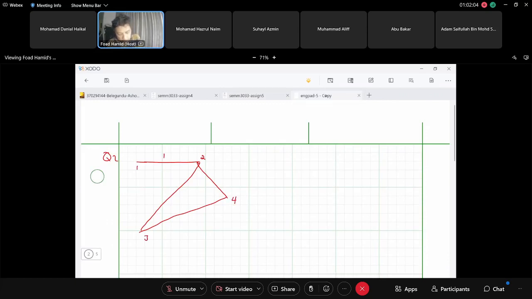This is element number 1, and element number 2 is node 2 and 3. This is element number 2, and element number 3 is nodes 3 and 4. This is element number 3, and this is element number 4.